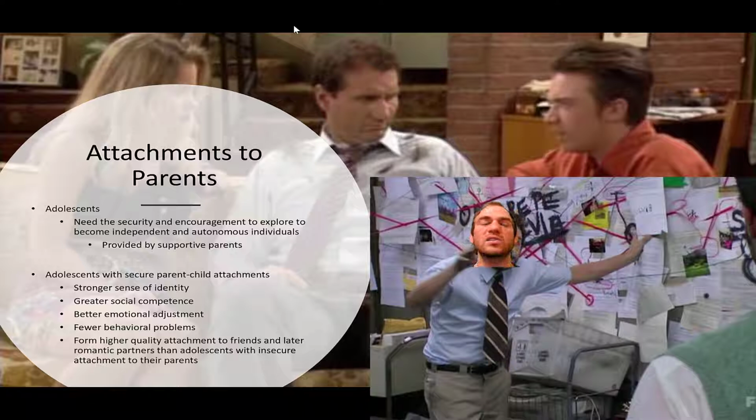So the idea here is that these initial attachments serve as foundations and models of future relationships, as I stated early on in the lecture. Studies in the U.S. have found that secure attachments are associated with greater social competence and better emotional adjustment.